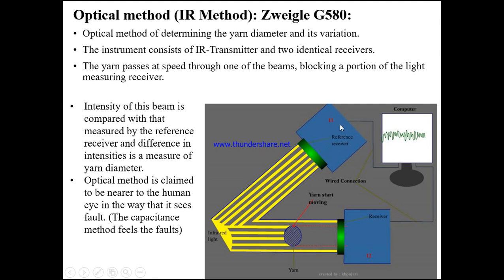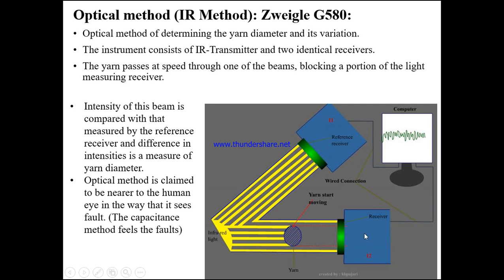So there are two receivers, I1 and I2. In front of the I2 receiver, the yarn is placed, or passed through. As a result, the yarn will block some of the infrared radiation, so that radiation will not be able to reach receiver I2.